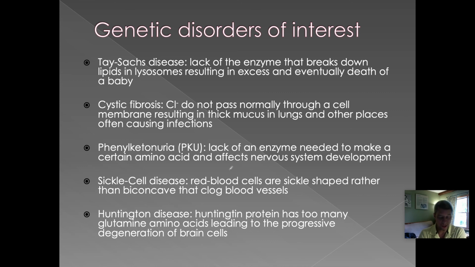Tay-Sachs disease is a condition that's found mostly in European Jewish populations. It is caused by the lack of an enzyme that breaks down fats, and it results in excess fats and eventually the death of the offspring.